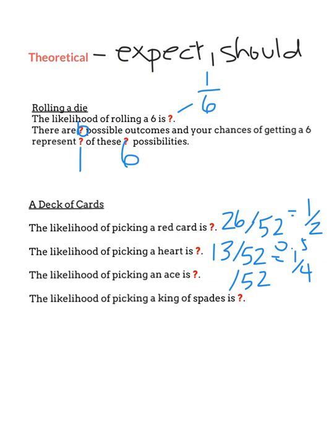I have 4 aces in a deck, one in each suit. So my chance is 4 out of 52, which reduces to 1 out of 13, about an 8% chance of picking an ace. And the last question, what is the chance of picking the king of spades? Well, there is only one of those out of the 52 cards in the deck, so my chance is 1 in 52, which doesn't reduce any further, and it ends up being only about a 2% chance, rounded up, that I'm going to pick a particular card out of the deck.